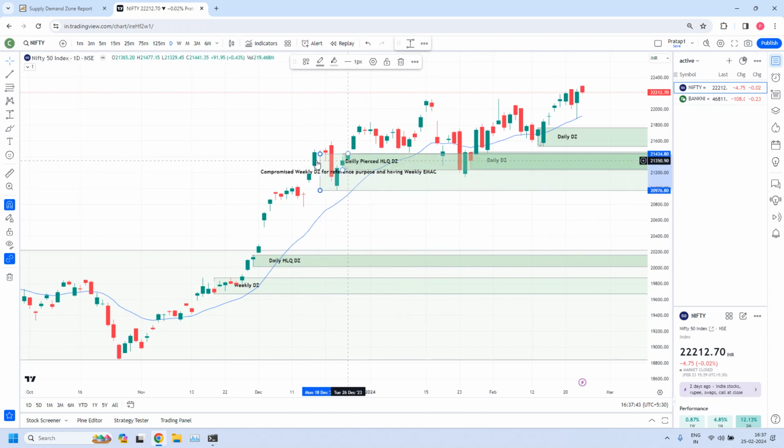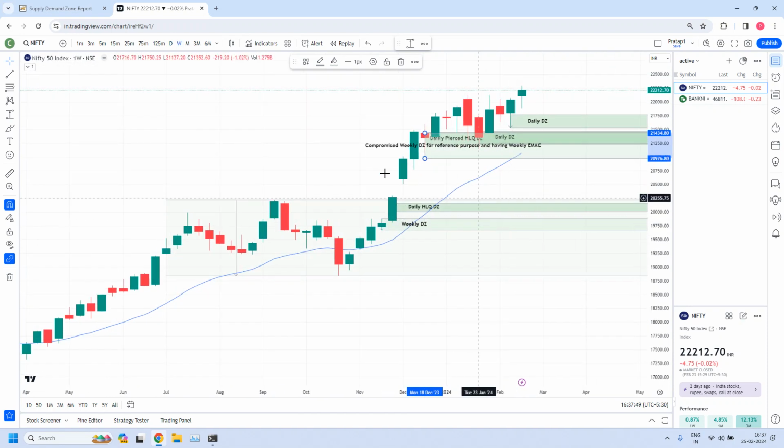This entire area is a compromised weekly, not a valid weekly. Let me show you once again. This is the one we compromised and drew. Actually, this is not a base candle, this is an ERC candle. Still we drew it, just compromised, just for reference purpose. Remember, unless you are an experienced person, don't compromise and draw the zones.